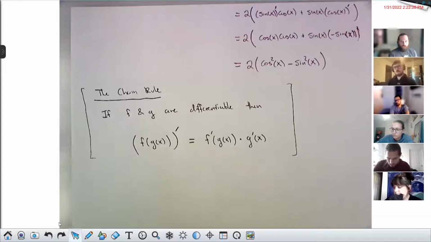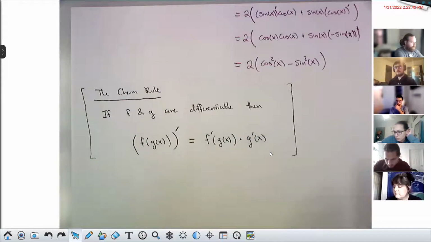What this requires is looking at your function and recognizing an outer and an inner function. Then you differentiate the outer function, thinking of the inner function as the variable or leaving it alone, and then multiply by the derivative of that inner function.